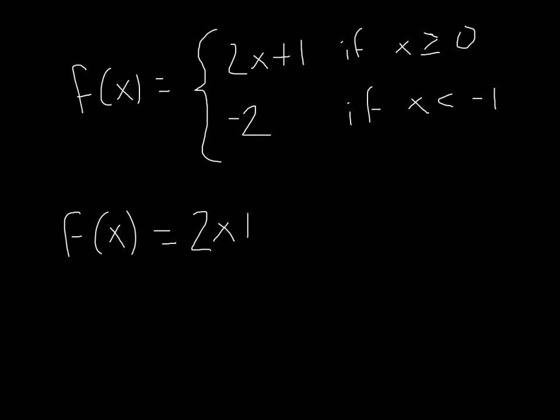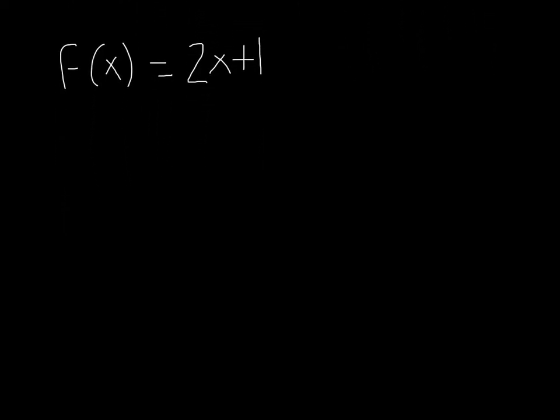So let's do this one, f of x equals 2x plus 1. Well, this is just a nice little linear function. So we graph that first, and here's what we get. Then this has an intercept of 1 and a slope of 2.